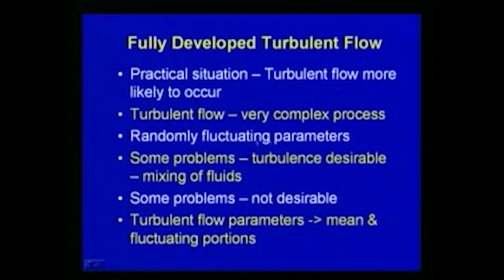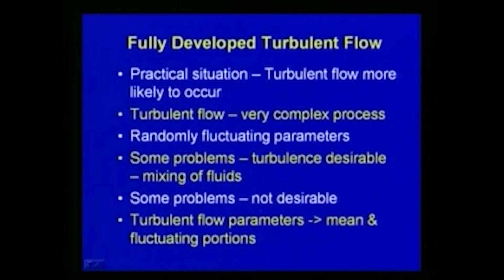So, most of the parameters are randomly fluctuating parameters, and we have also seen that turbulence is sometimes desirable and many times it is not desirable depending upon the condition. For example, if you consider the mixing of chemicals or mixing fluids, then turbulence is desirable, but in many other situations the turbulent flow condition is not desirable, but we cannot avoid it since it depends upon the velocity of flow.